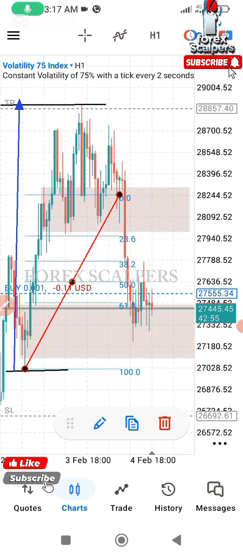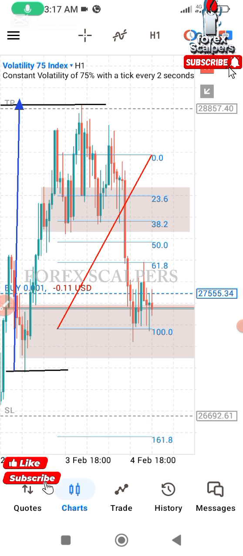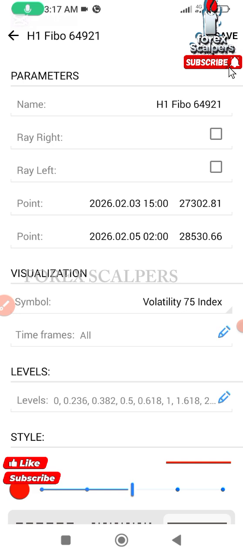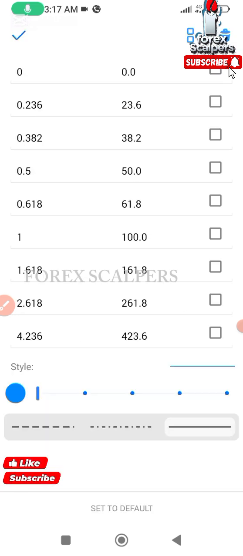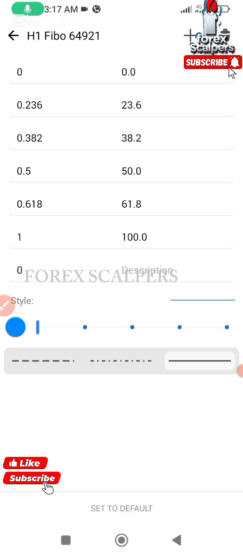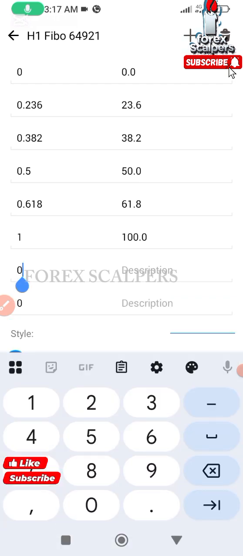Okay, so this is my default Fibonacci. I will edit this. I'll edit the Fibonacci level. So I'm going to delete some levels. I'll delete all of this. I'll delete this and I'm going to add a new level. So here it's going to be 0.758.